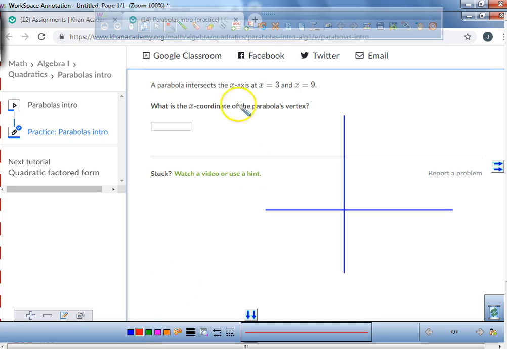We have a root at 3 and a root at 9. Now, whether the parabola opens up or opens down doesn't really matter for this problem, so I'm just going to draw a parabola that opens up.